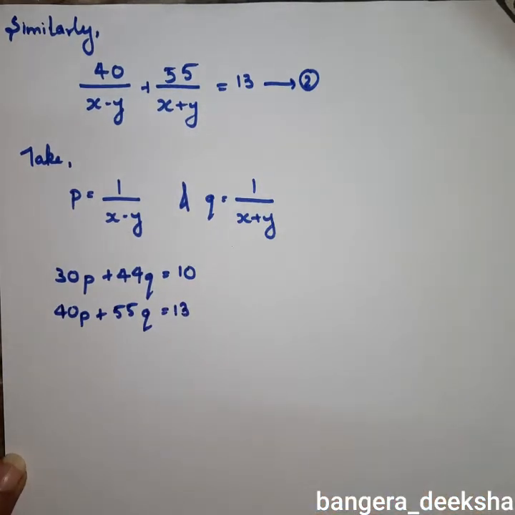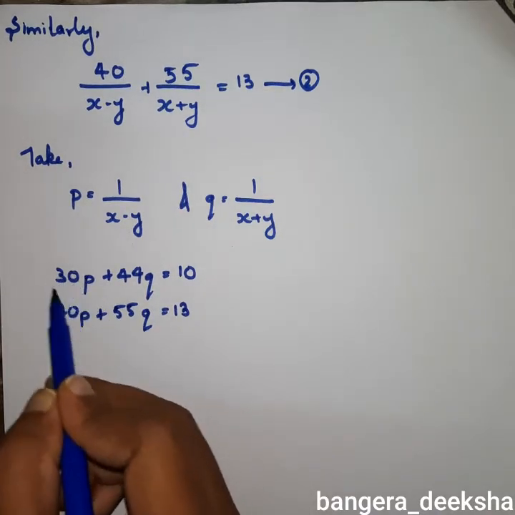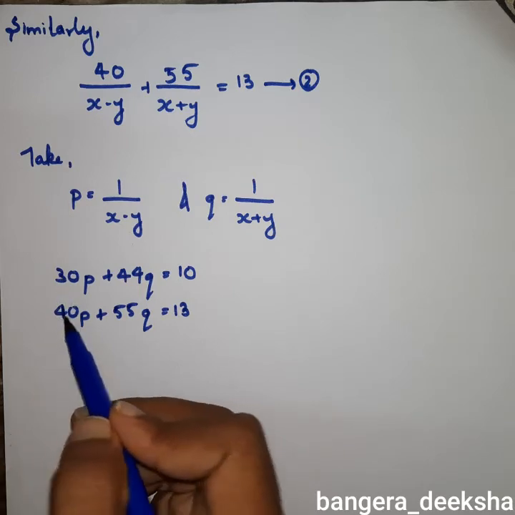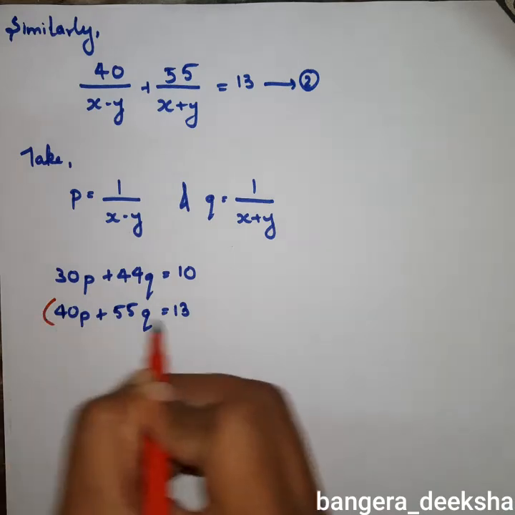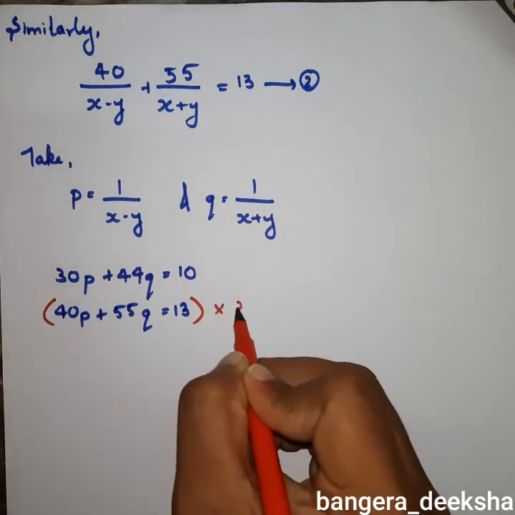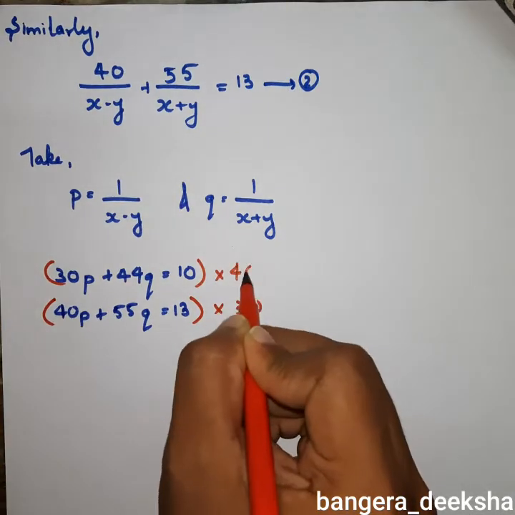Now you can use any method to solve these two equations. I'll go for the elimination method. So I'll try to eliminate P first. So I'll multiply the first by 30 and the second by 40.